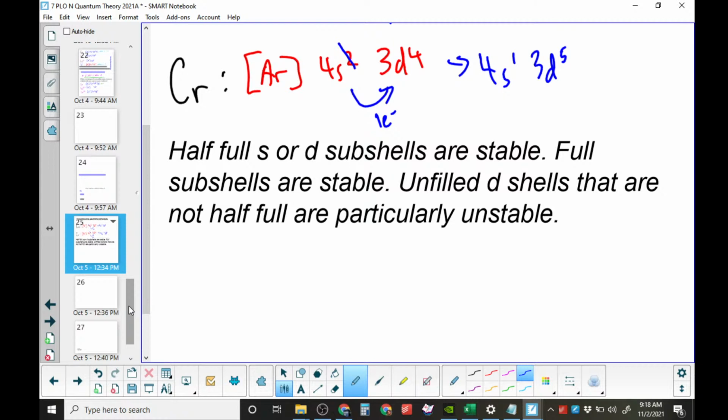Oh, and I've already noticed a mistake. 1B: Draw the structures of an s, px, and dz squared orbital. Or you could make it dx squared minus y squared, or any particular d orbital as long as you know which one it is.